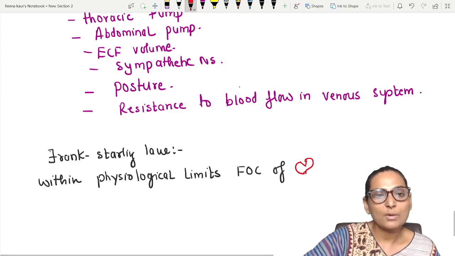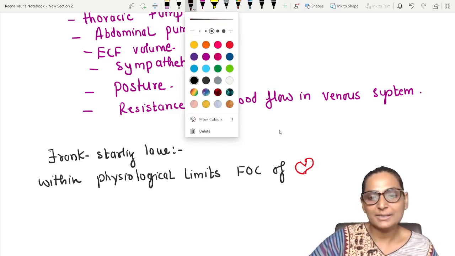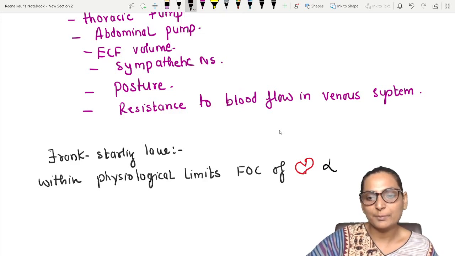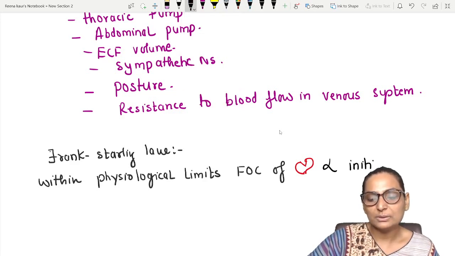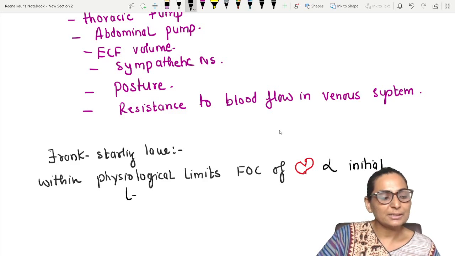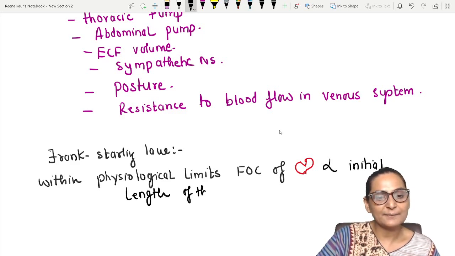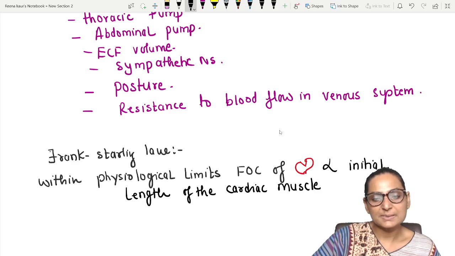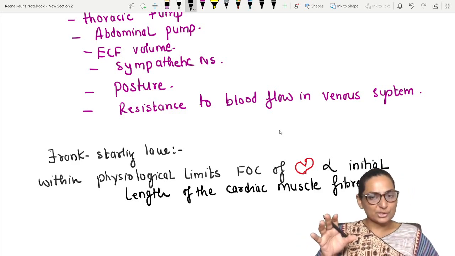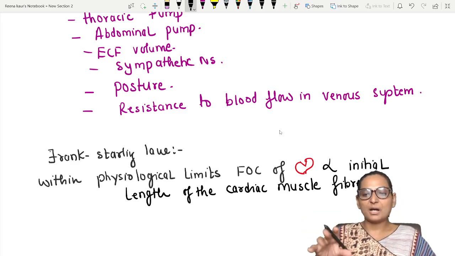The force of contraction of the heart is directly proportional to the initial length of the cardiac muscle fibers. Right? Within physiological limits, the force of contraction of the heart is directly proportional to the initial length of the cardiac muscle fibers.